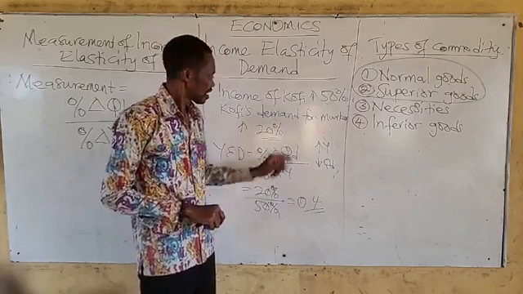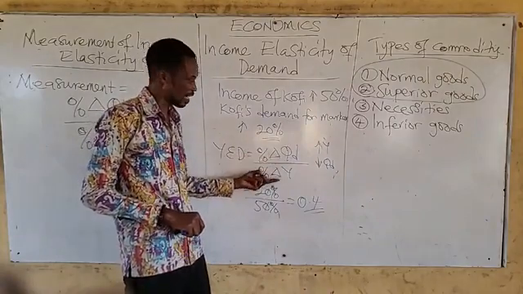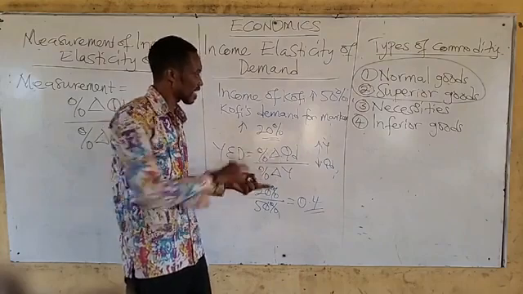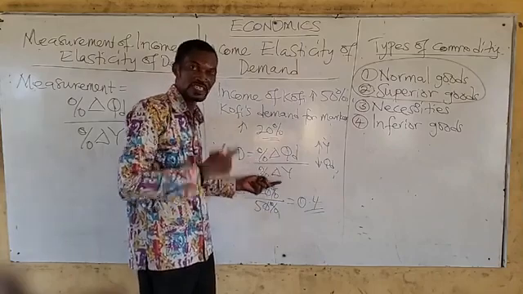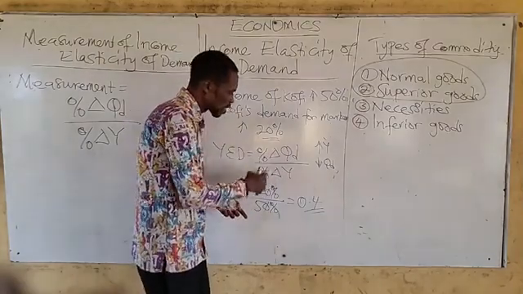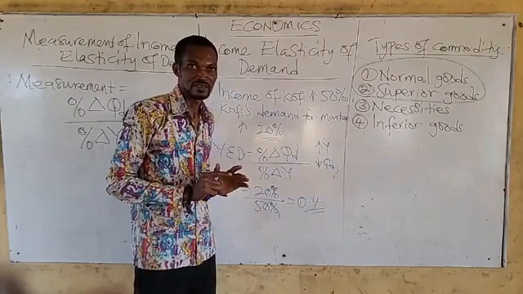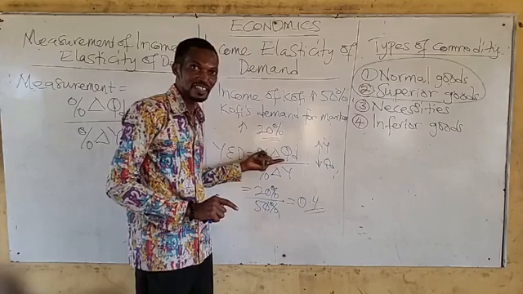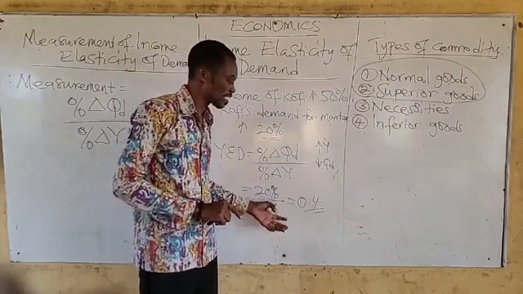This is what we call the numerator. The top here is the numerator, and this place is the denominator. The numerator is lesser, is 20%, and the denominator is 50%, is greater. This will give us a result which will be less than 1 all the time. When the numerator is less than the denominator, the result will always be less than 1.